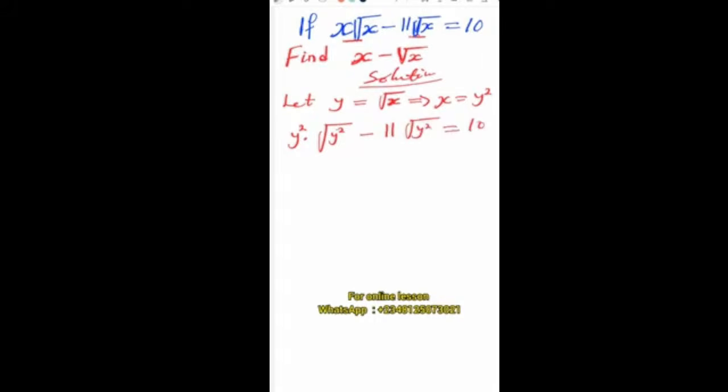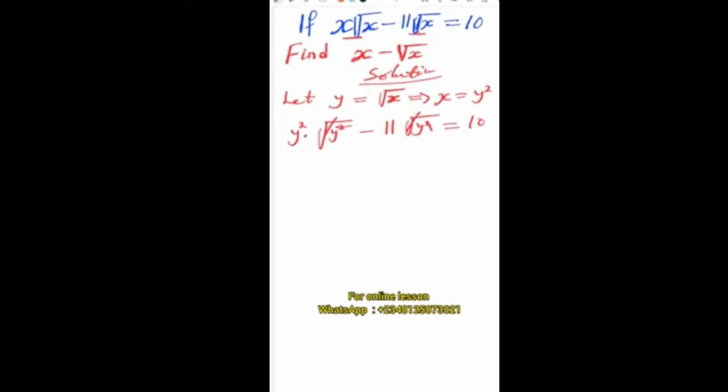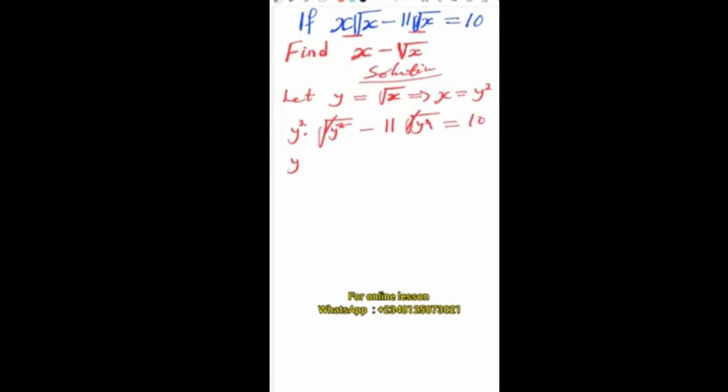And remember, whenever we have a root and a square, the square will cancel out the roots. So here it will become y squared multiplying by y, then minus 11 multiplying y equal to 10. So that we can have y cubed minus 11y. Now take this 10 to this side, minus 10 equal to 0.